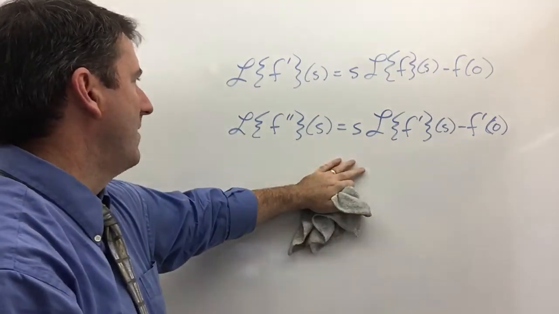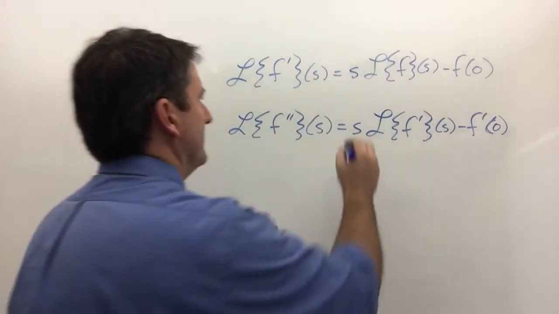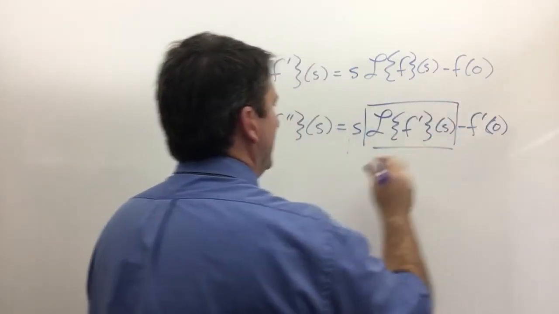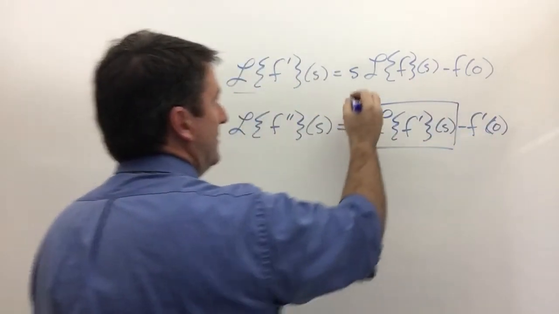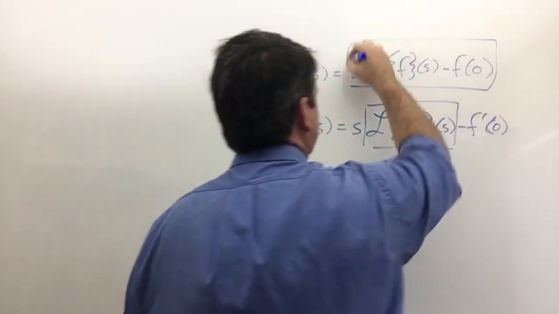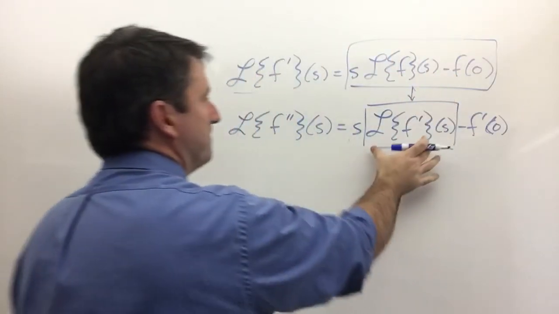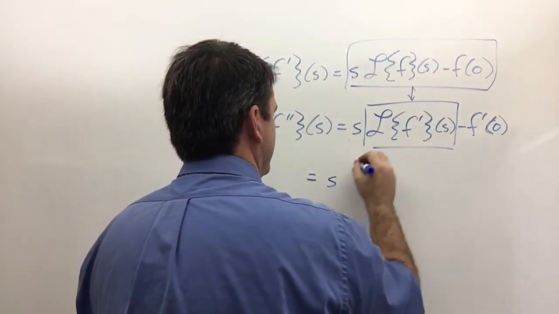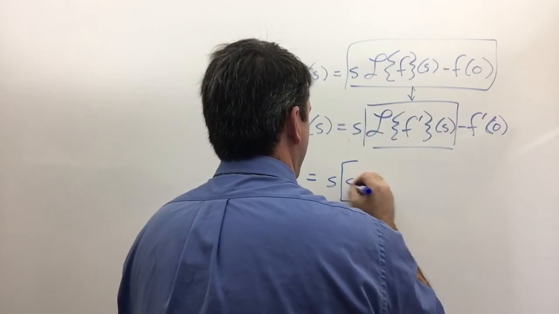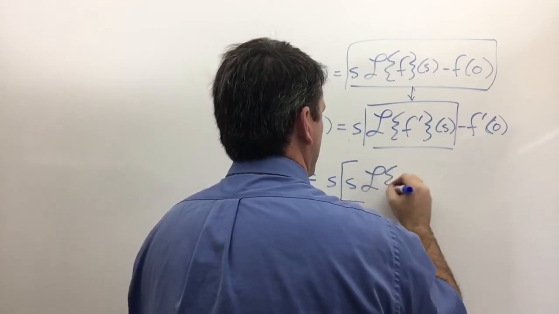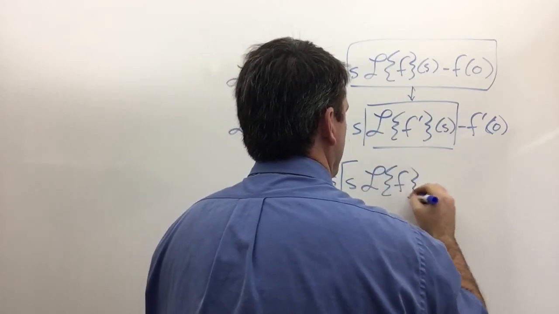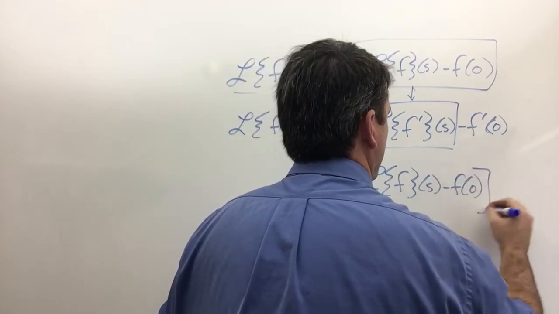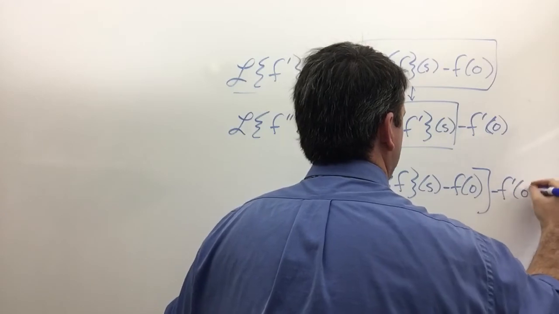So now notice, right there, this piece is this. So we can replace this with all of this. So this is going to be equal to s times all of this, s times the Laplace transform of the function times s minus f of 0, minus f prime of 0.